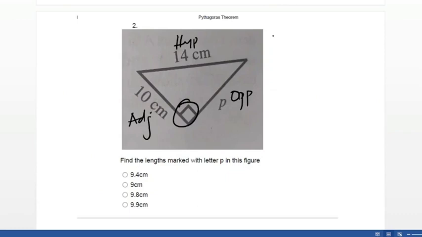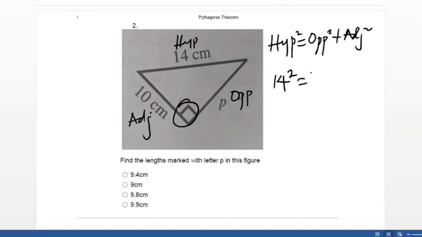So that means we're making use of Pythagoras. That would be h squared, hypotenuse squared equals opposite squared plus adjacent squared. So hypotenuse in this case is 14, that's 14 squared. Opposite is p squared, and the adjacent is 10 squared.